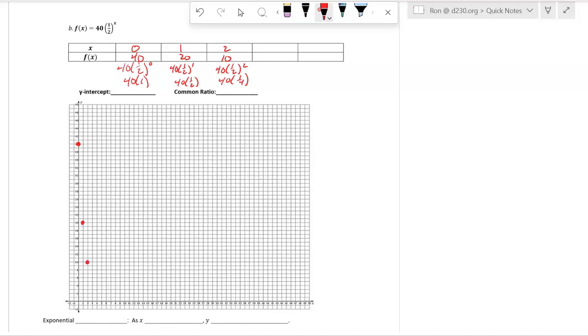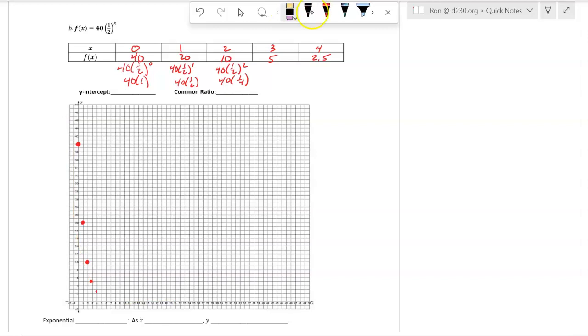Notice what's happening here. I'm dividing by 2 each time, so I know right away this is going to be 3, 5, 4, 2.5. So if I go 3, 5, 4, 2.5, what I notice is it's going to divide in half each time. So as I move to the right now, oops, that's actually a really bad graph. Sorry about that.